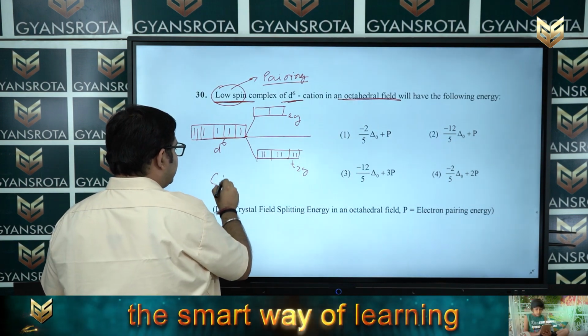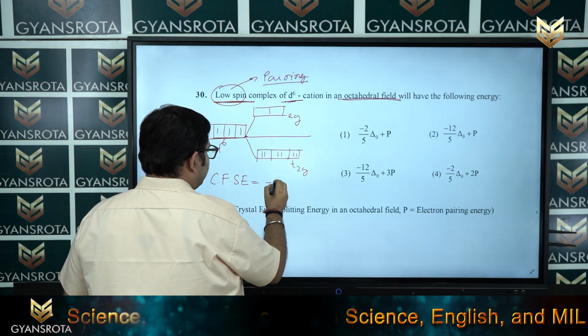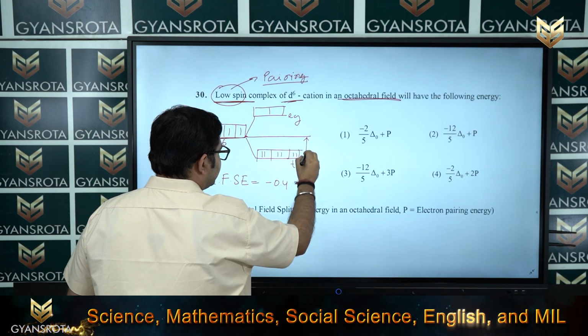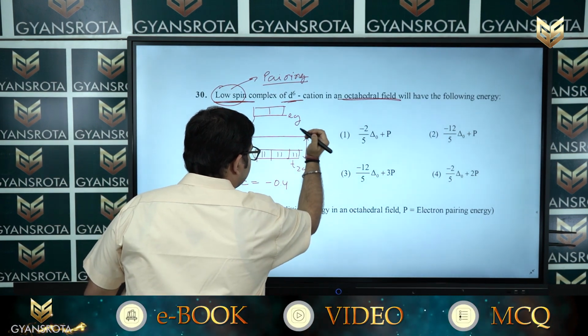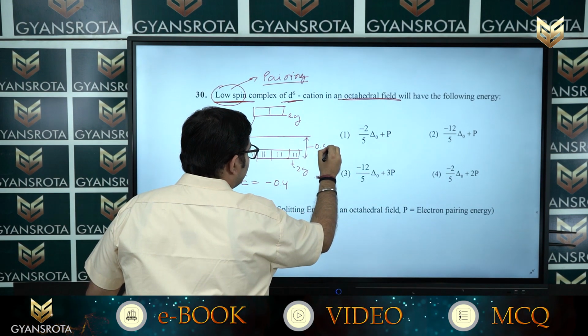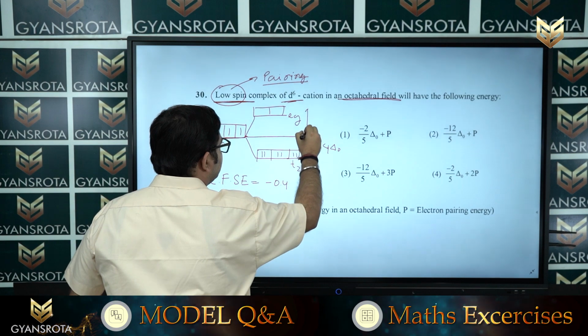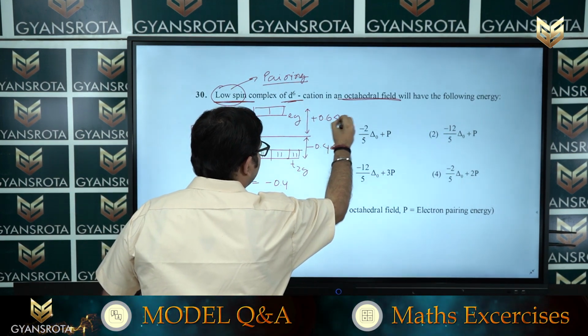Now CFSE, crystal field stabilization energy: the t2g orbitals have an energy of minus 0.4 delta naught, and from the eg orbitals it will be plus 0.6 delta naught.